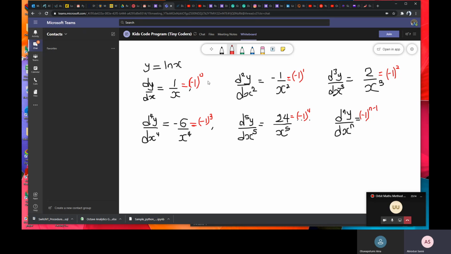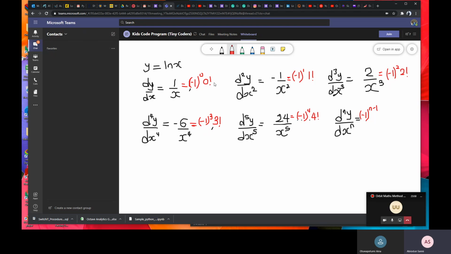Because 1 is the same as 0 factorial. 1 is the same as 1 factorial. 2 is the same as 2 factorial. 6 is the same as 3 factorial. 24 is the same as 4 factorial. Are you getting it? So now look at this.